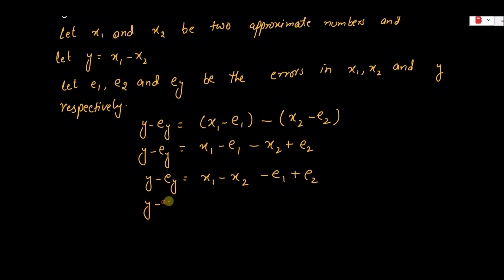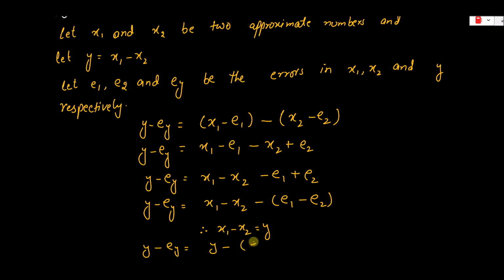So y minus ey is equal to x1 minus x2, and again we are going to take the negative sign as common, so that should be (e1 minus e2). So in that case, we already know that x1 minus x2 is equal to y, so we are going to substitute it back, that is y minus (e1 minus e2).